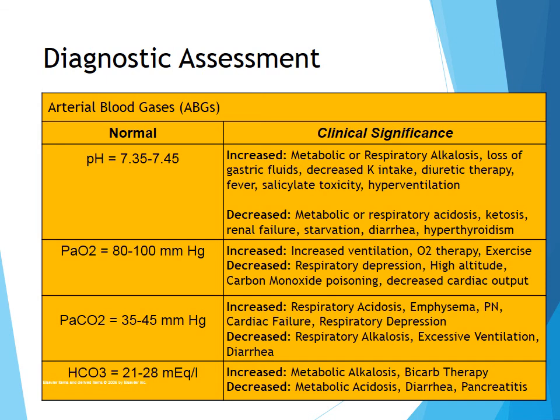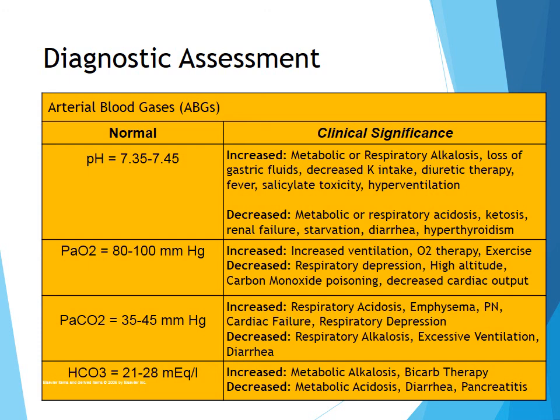Your PaO2, or your oxygen, normal levels will be 80 to 100 in your ABGs. Your PaCO2, normal levels will be 35 to 45, and that is pretty easy to remember because if you look at your pH, 7.35 to 7.45, your CO2, 35 to 45. So that's how I remember those two. And then your bicarb levels are going to be 21 to 28.